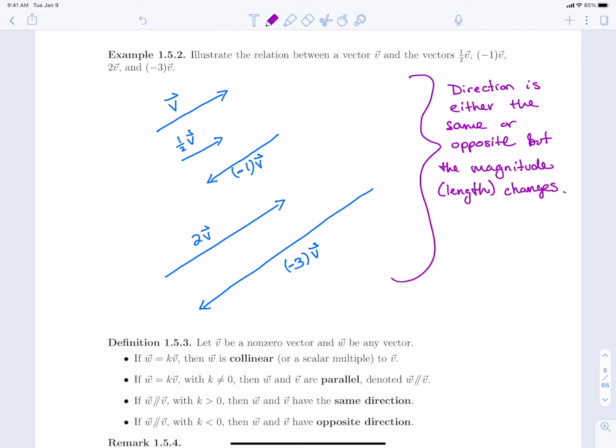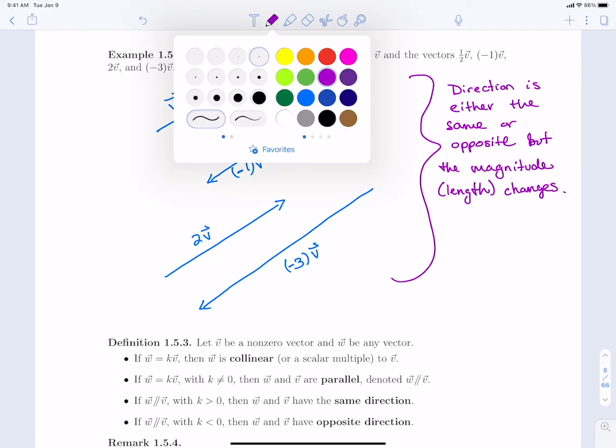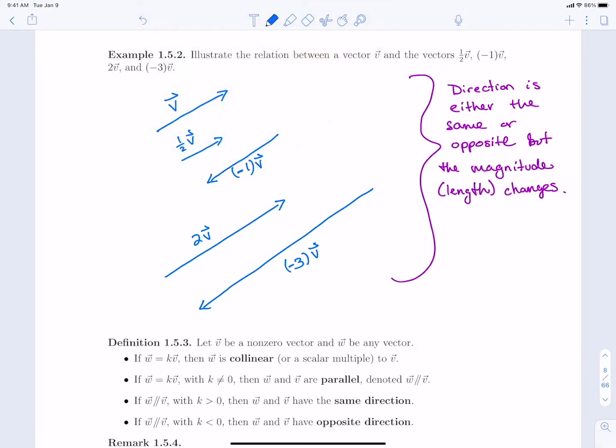Now I just want to take a moment. Some people might be wondering, well, why does she keep saying magnitude or length? Why doesn't she just use length the entire time? And so we're going to talk about, again in more detail, the idea that we can investigate these vectors in more than just 2 or 3 dimensions. And the thing is that once we get up to, say, R4, or 4 dimensions, or 5 dimensions, or 6 dimensions, the idea of length as we understand it in our physical world does not actually exist anymore.